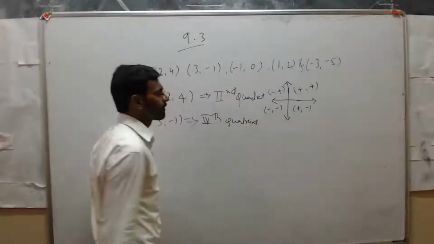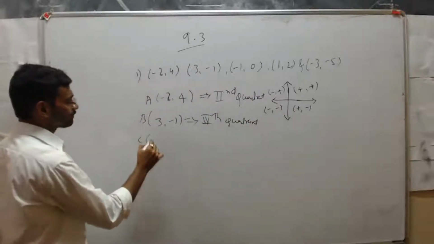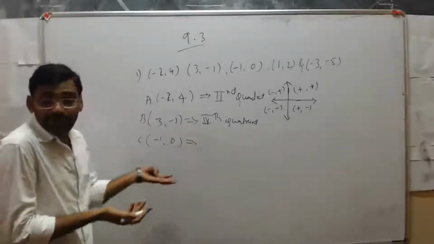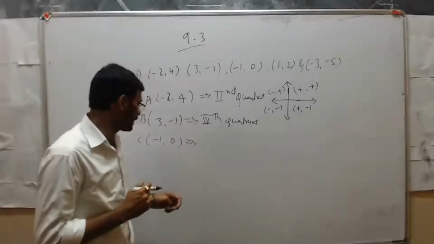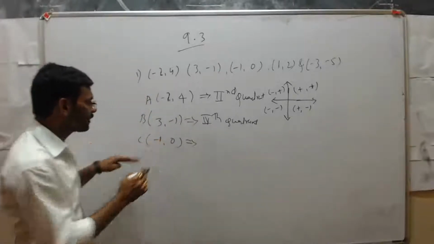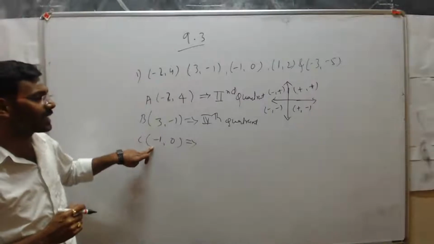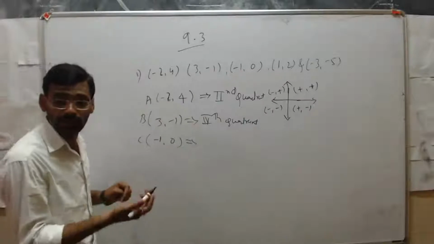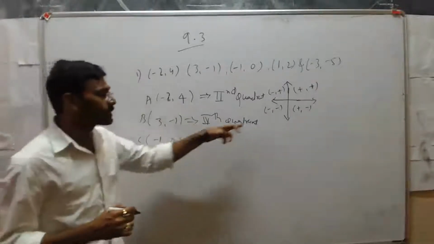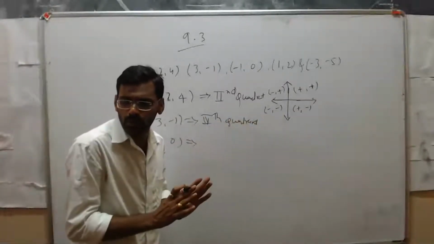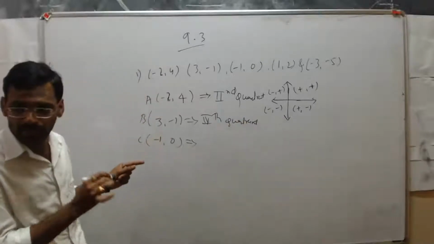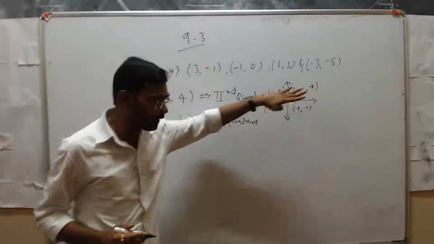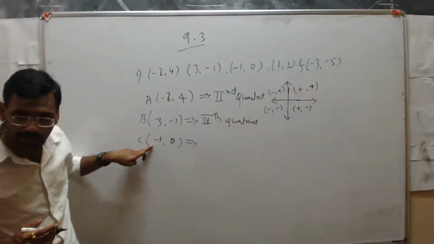Okay. Now see, (-1, 0). How can we decide here, where 0 is there, which quadrant it appears in? It is very important. (-1, 0) means x value is -1 and y value is 0. What we have to understand here is that 0 is neither positive nor negative.